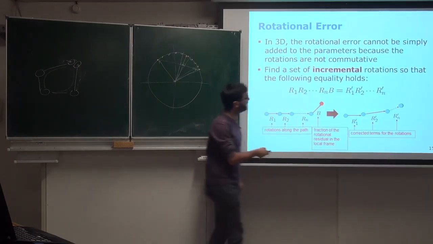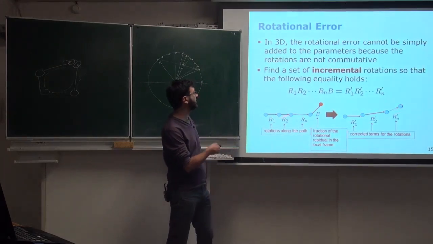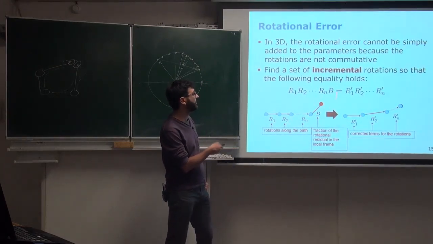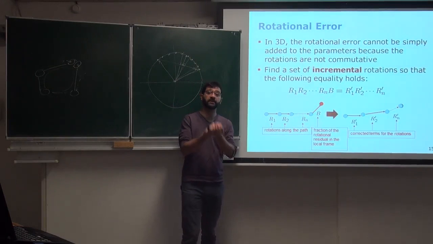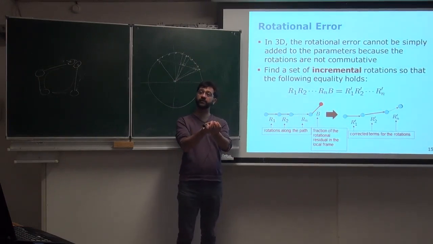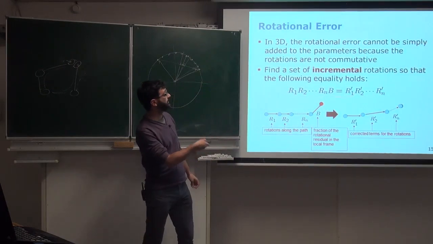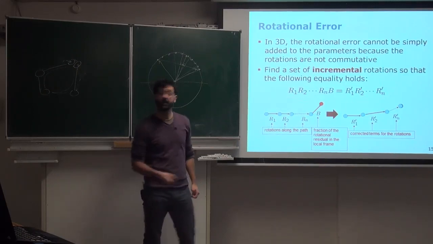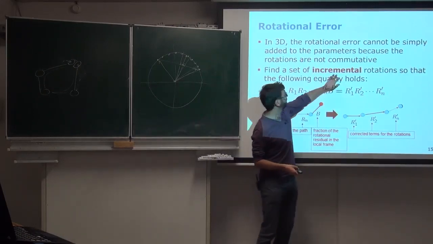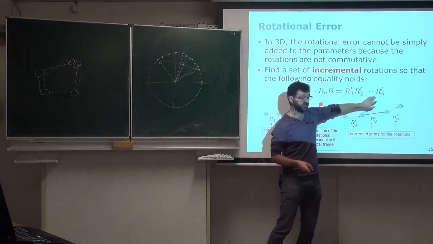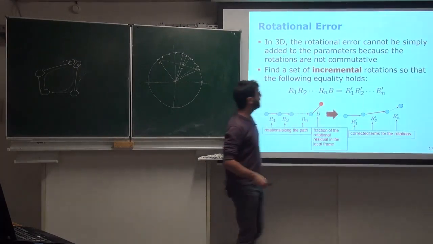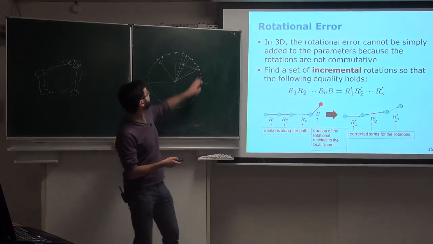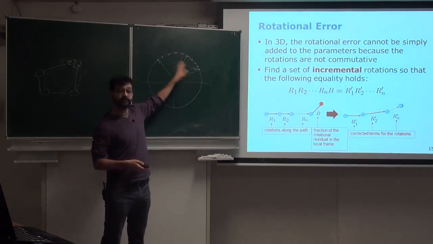So applying this set of rotational matrices or applying the original one plus the residual should end up in the same final rotation. Okay, that's what this says. And you want them to be incremental, therefore you have this application on that. And you also want them in a way that respects this kind of interpolation scheme.